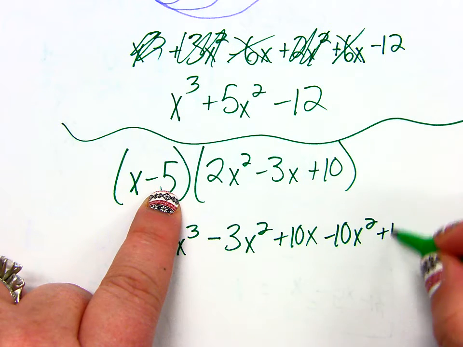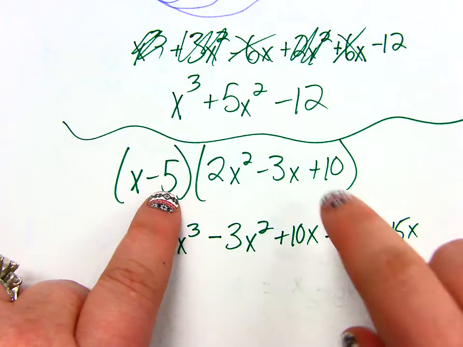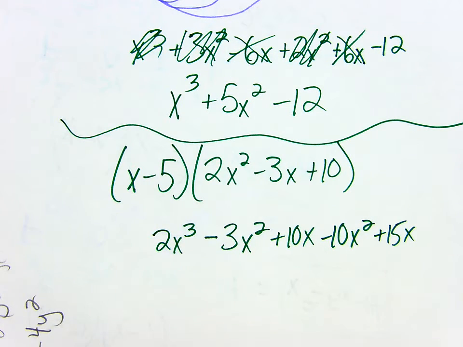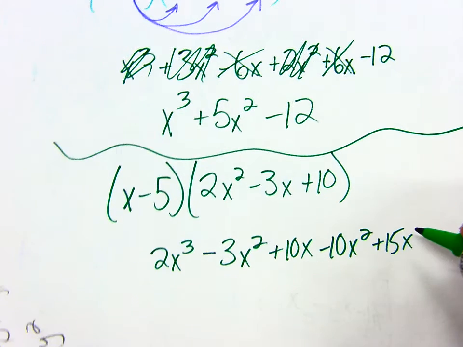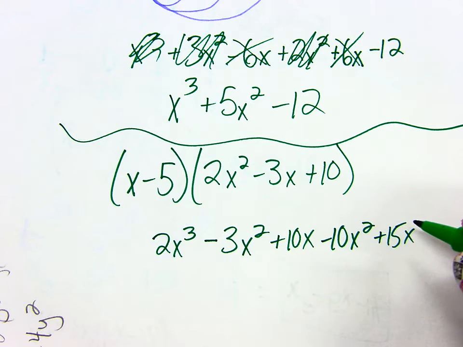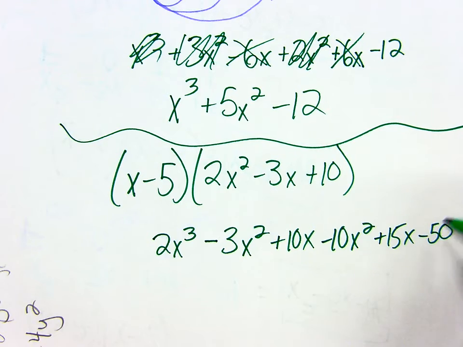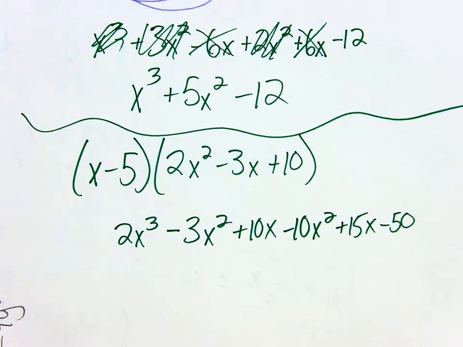Positive 15x. And then negative 5 times 10, Sarah would, oh, she's still in the bathroom, would be what, everybody? Negative 50. How many terms should I have before I start combining them? I should have 6. 1, 2, 3, 4, 5, 6.